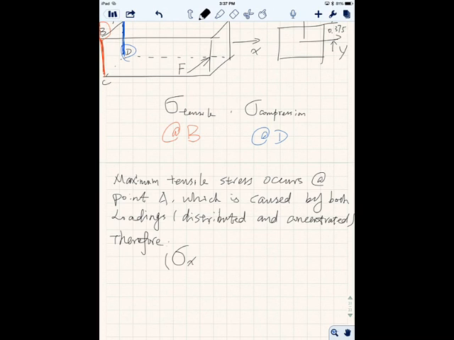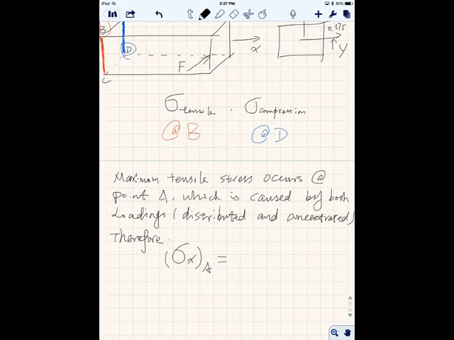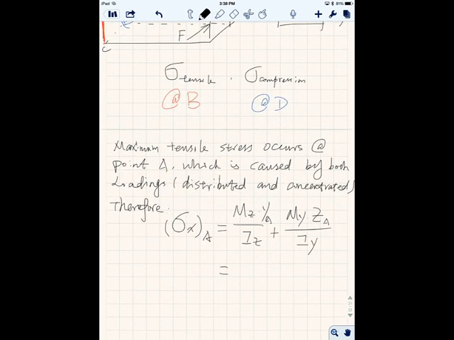stress along the x direction at point A equals Mz times y divided by Iz, plus My times z, which is at point A, divided by Iy. Okay, Mz, which is what we calculated, 1600.